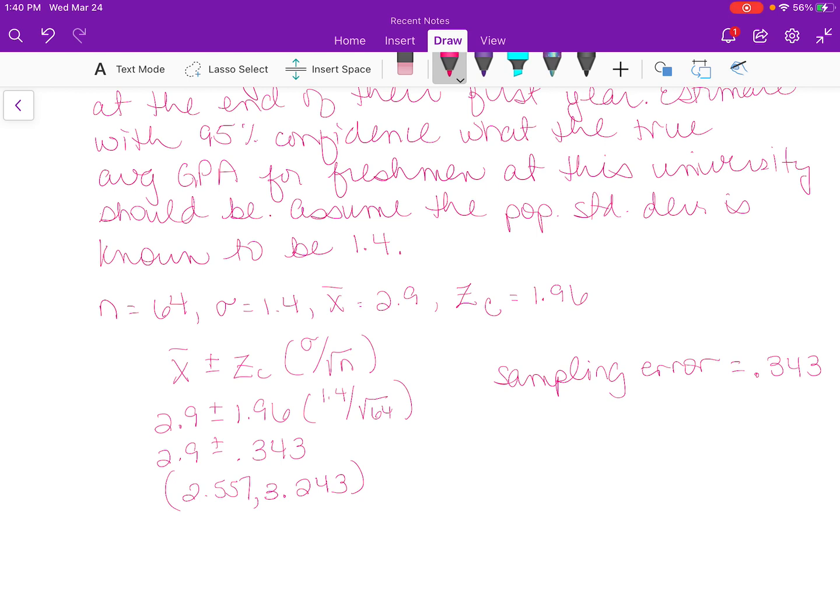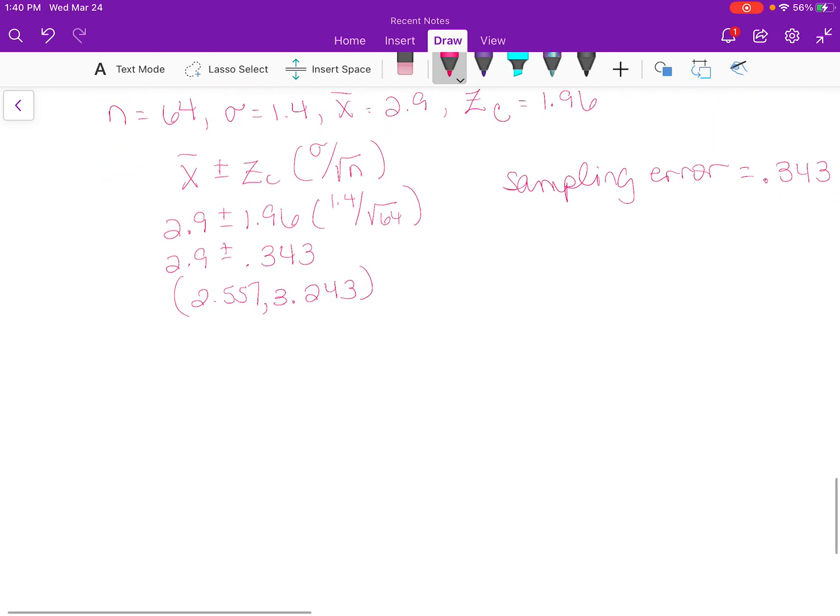So I have my point estimate in the middle. So the midpoint of this interval, if I gave you just an interval and asked you what the point estimate was, you would just average the two and get the middle point, which would be 2.9. And 2.9 plus 0.343 and 2.9 minus 0.343 gives you that my confidence interval is between 2.557 and 3.243.